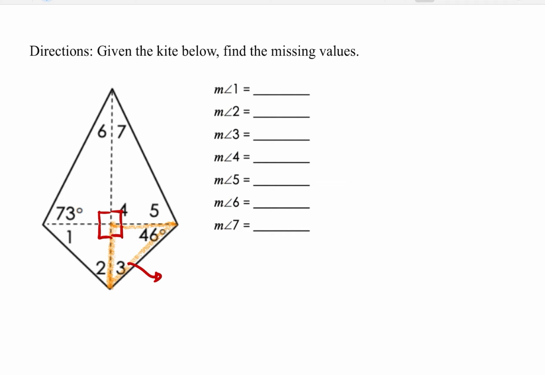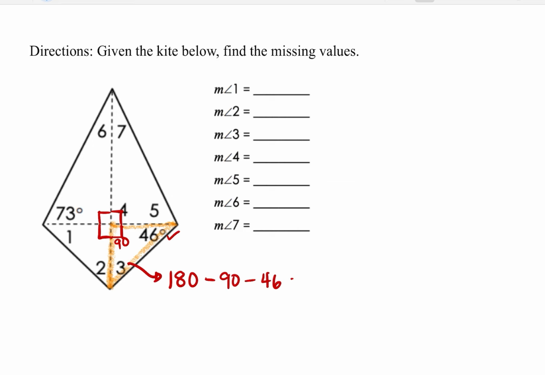To find angle 3, if you remember, the sum of the measures of any triangle, regardless of the type of triangle, is always 180. So I will use 180 minus 90, which is this angle right here, and then I'm going to subtract 46 as well.